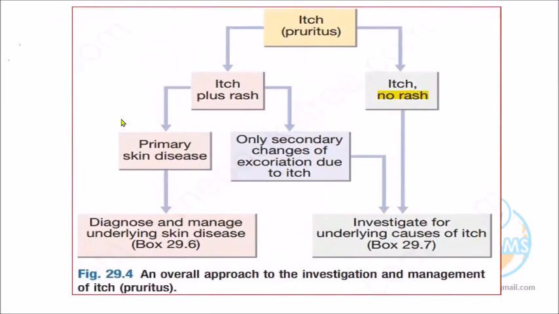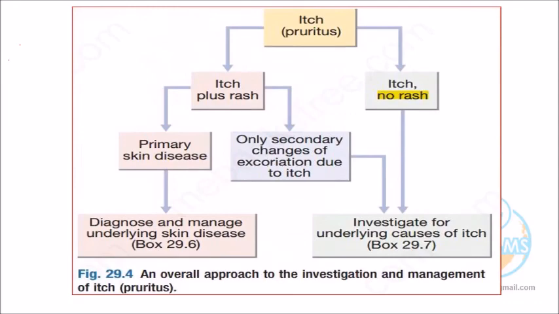Now a little approach to the itchy lesion. Simple word. If any patient presents with itching, you understand now, local itching means contact dermatitis or something else. But generalized itching indicates a systemic disease. For example, polycythemia rubra vera presents with whole body itching, obstructive jaundice, whole body itching. Many other examples we can put.